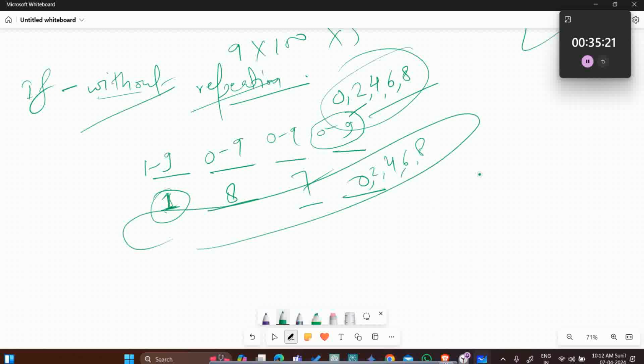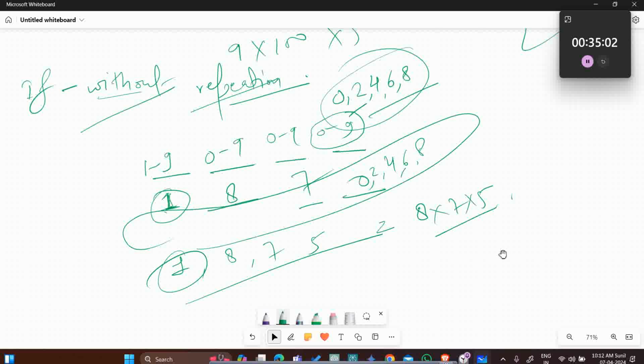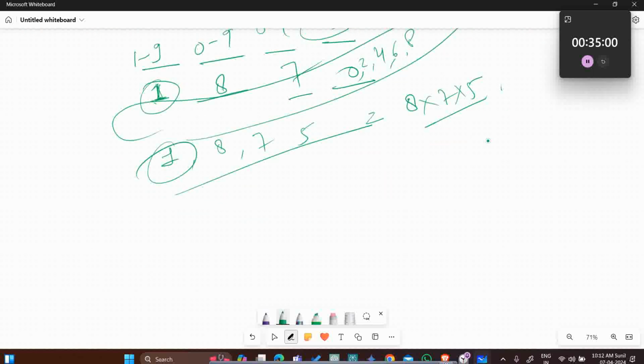So 1 is here, but 8 and 7 and 5. So starting with 1, there are 8 into 7 into 5 numbers. But if it starts with 2, we are left with choices only 0, 4, 6 and 8.